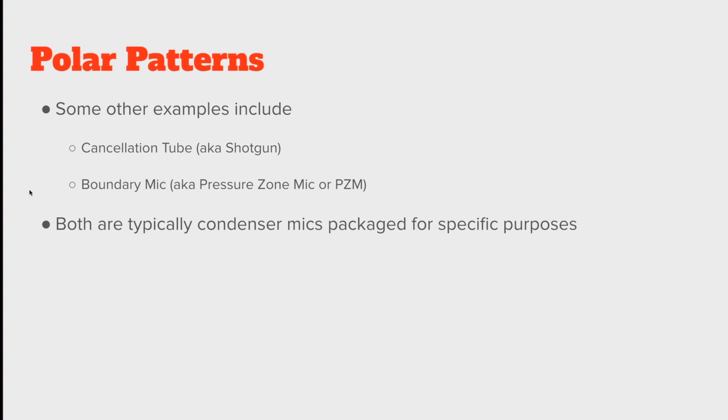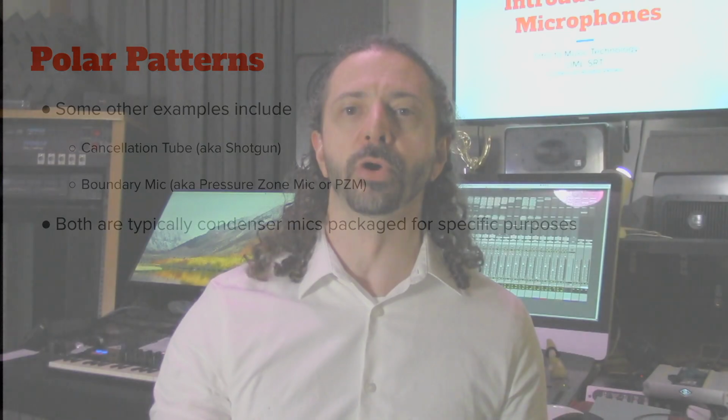Additionally, there's something called a boundary mic. These are also sometimes called pressure zone mics or PZMs. That was actually a trade name for the company that first designed these, a company called Crown. They had a patent on them for many years. Their patent has now expired, and there are a lot of companies that make these. Pressure zone mics are designed to be placed at the perimeters of spaces. So we might imagine a scenario where we could put them on the surface of the wall in a room.